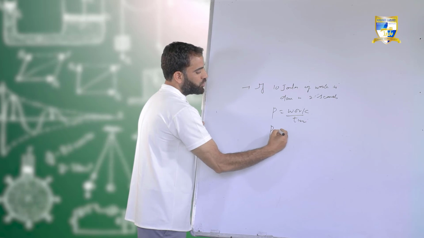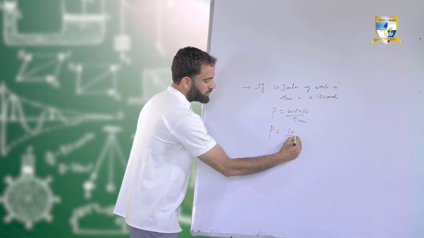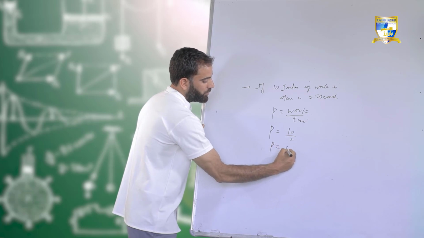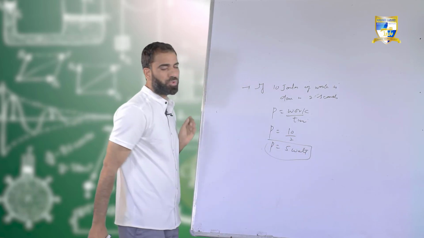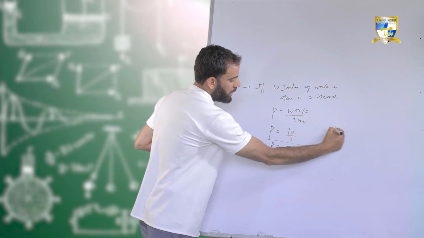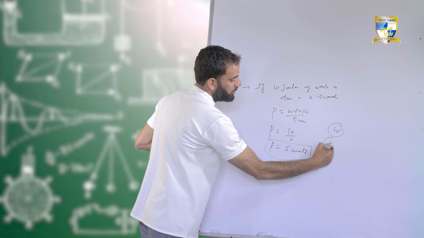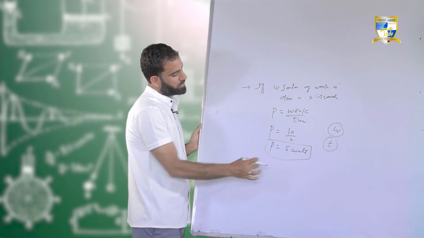What is work here? 10 joules. What is time? 2 seconds. It will become 5 watt. So this is how we calculate power. You need two things, work W and time. By using these two things, we can calculate power like this.